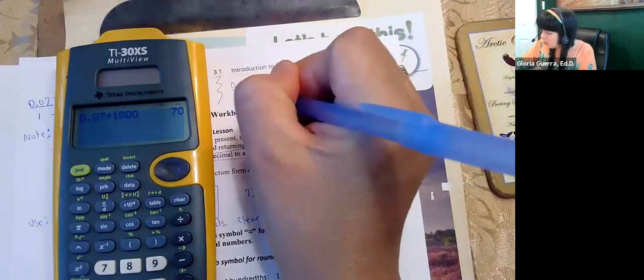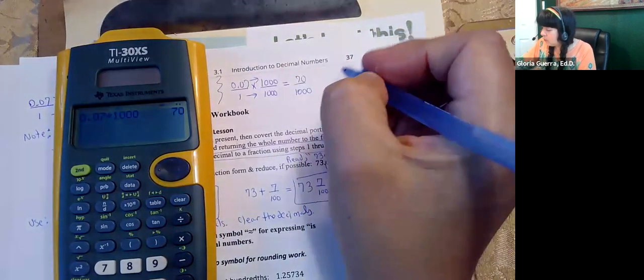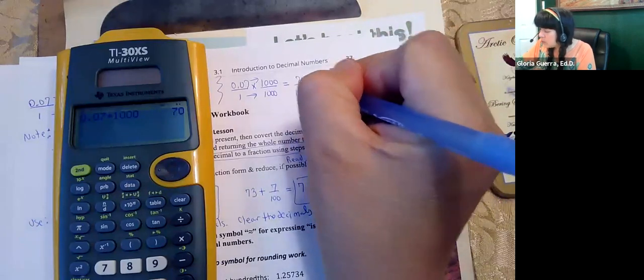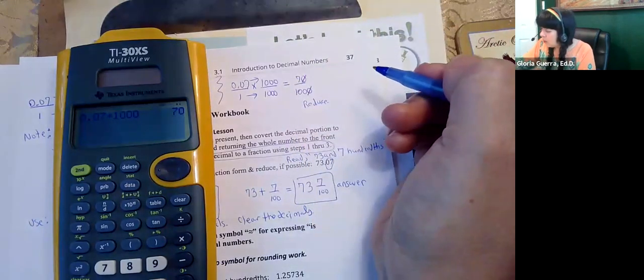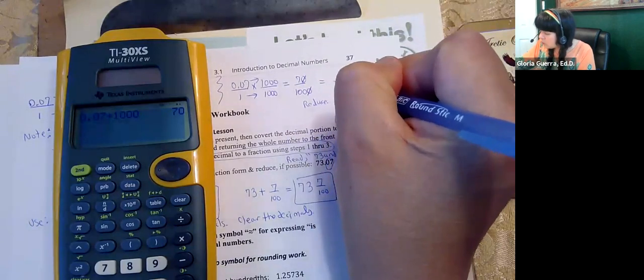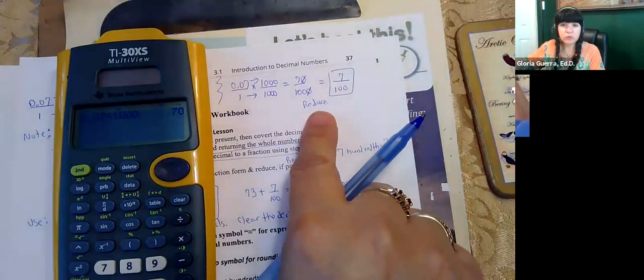And then 1 times 1,000 is 1,000. And then you'd have to reduce that. So you know how you can cross out zeros on the end? And then that would give you 7 over 100. Then you get to the 7 over 100, but after you reduce.